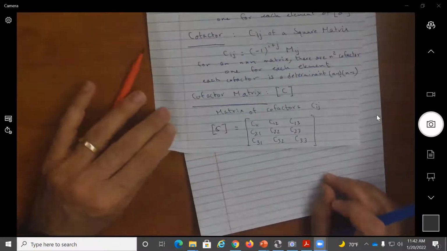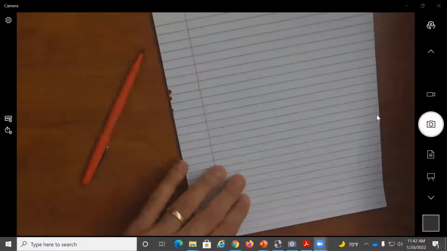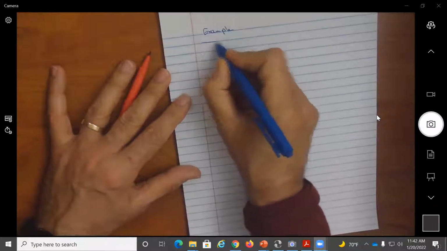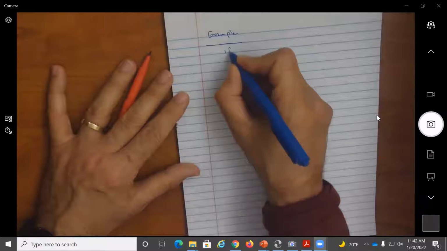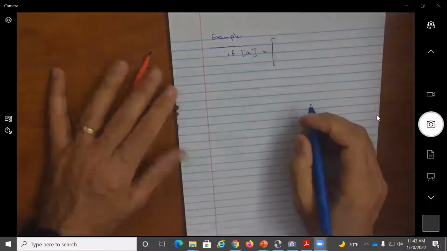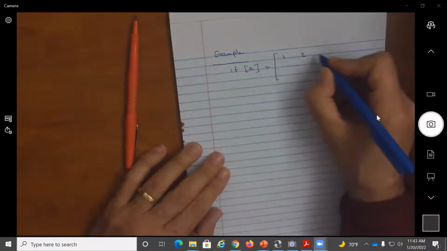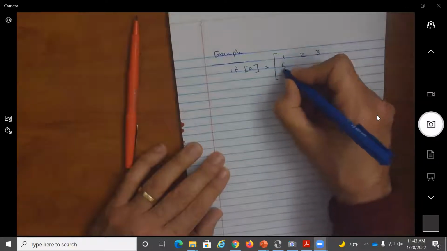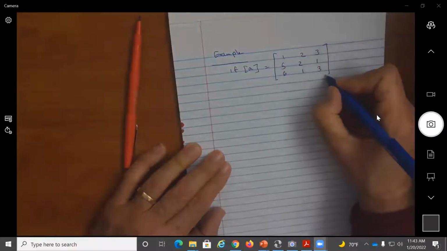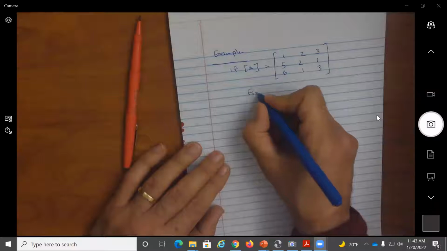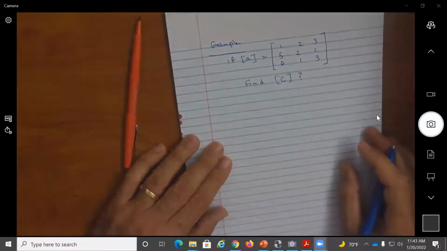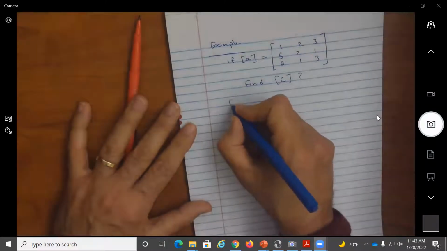We can do a quick example. If we have a matrix A that is equal to 1, 2, 3, 5, 2, 1, 6, 1, 3, let's find the cofactor matrix C. So I'm going to start by finding the cofactors.